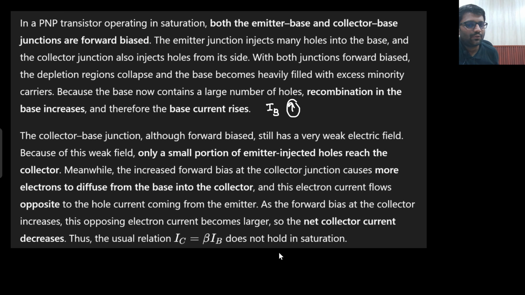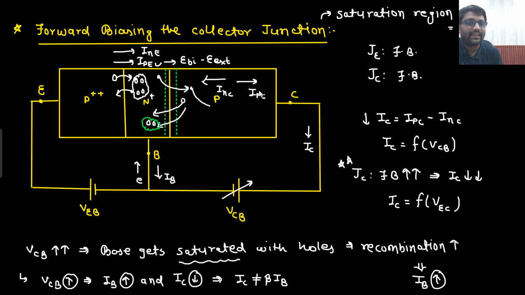The collector-base junction, although forward biased, still has a very weak electric field. Because of this weak electric field, a very small portion of emitter-injected holes reaches the collector, and because of that IPC current flows, but that is actually very low. When it was reverse biased, this current was pretty good, but now it is forward biased. Since it is forward biased, fewer holes from the emitter to base are reaching the collector.